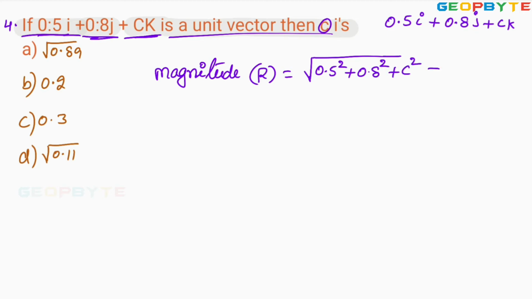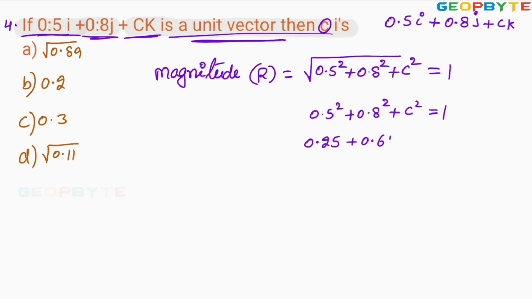It is given it must be equal to unit. The resultant value is a unit vector. Therefore, it can also be written as 0.5 square plus 0.8 square plus c square equal to 1. Can also be written as 0.25 plus 0.64 plus c square equal to 1.